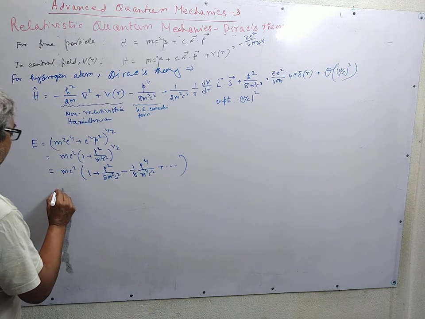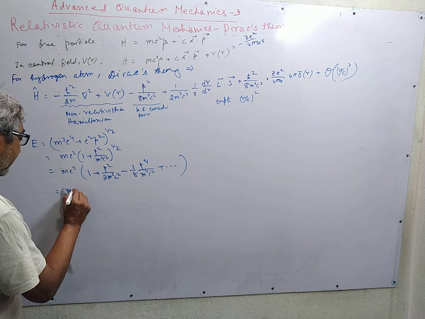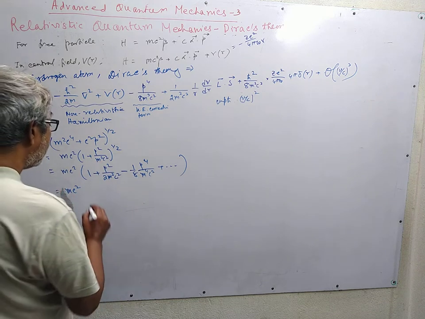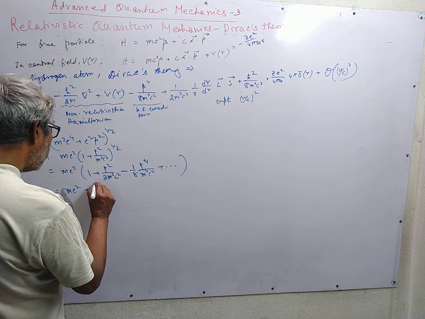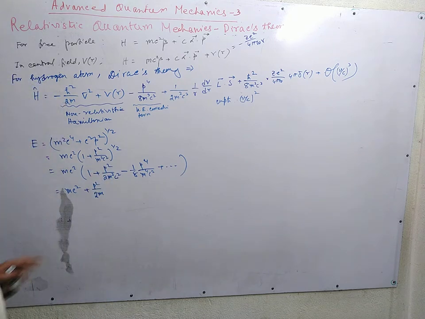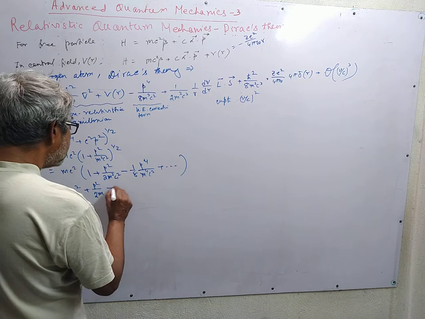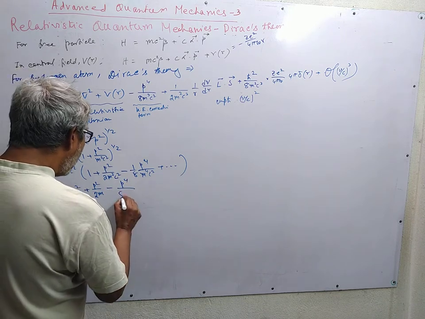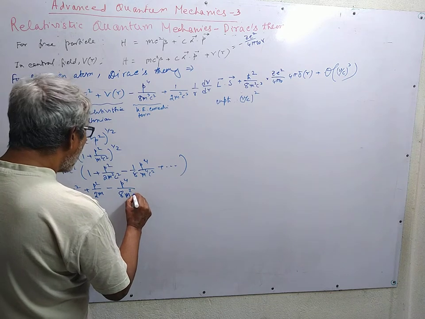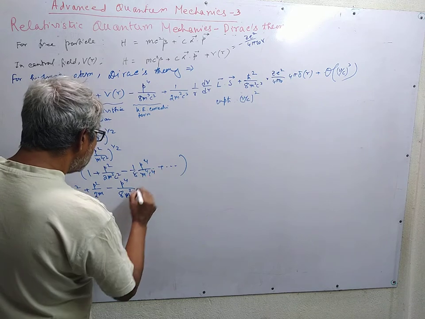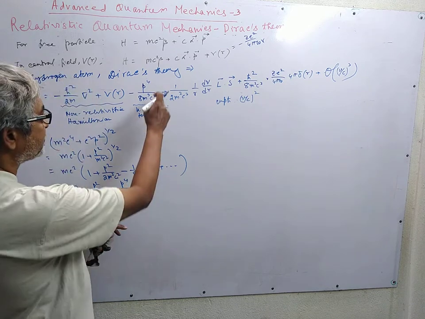The first term is mc square, the rest mass energy. Note that we are writing m instead of m0. The second term is p square by twice m, the non-relativistic kinetic energy, and the third term is p to the power 4 by 8 m cube c square.